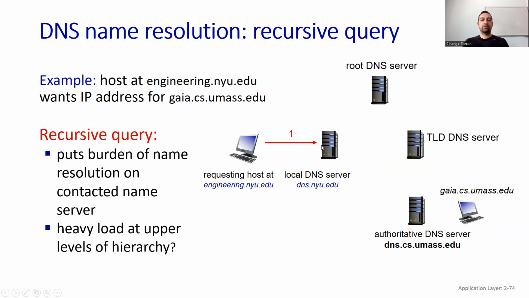You ask your local DNS server, it asks the root DNS server, and the root server now says, okay, I don't know it, but this top level domain server knows the answer, so I will ask it myself. So this server asks it here. It goes back, again 7 connections, but now it is balanced in the sense that not every query is done by your local DNS server. Of course, you can think that maybe we will be putting a heavy load at the root DNS server if everybody does this, okay?